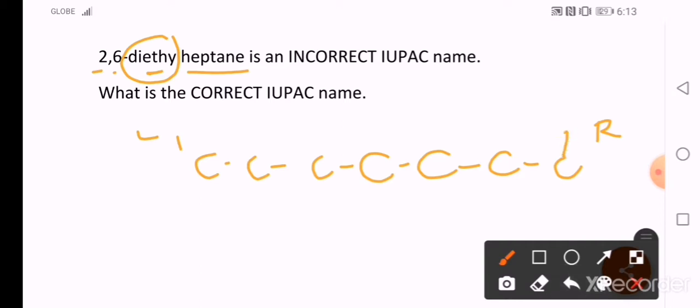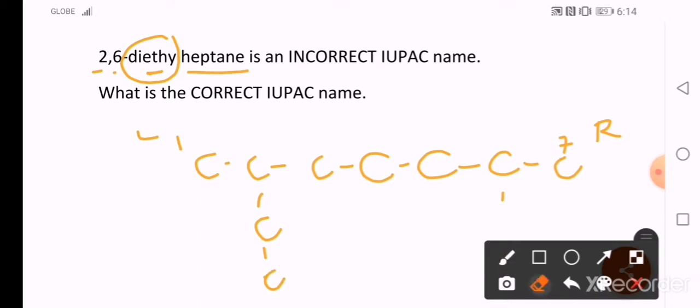Okay, this is carbon number 2 and this is carbon number 6. On carbon number 2 and carbon number 6, I have ethyl groups. So ethyl is composed of 2 carbon atoms.